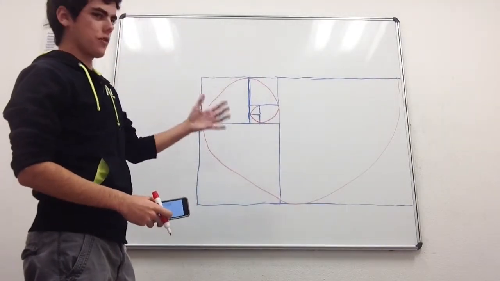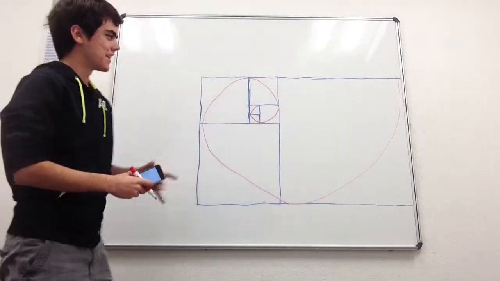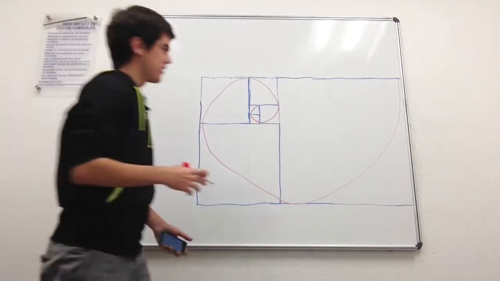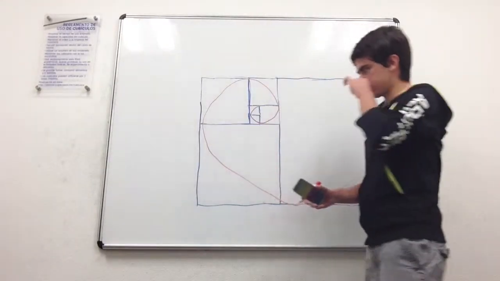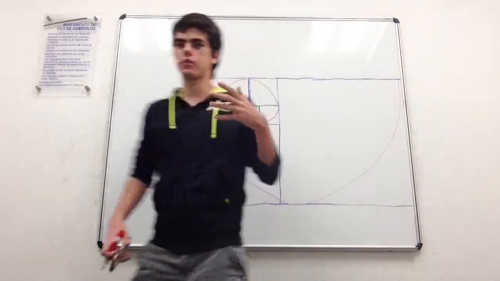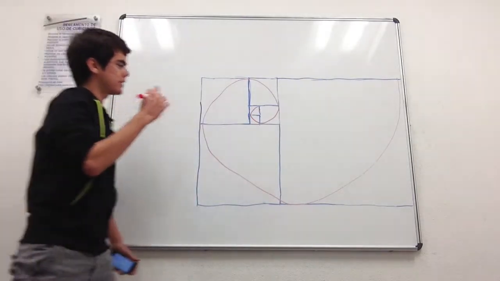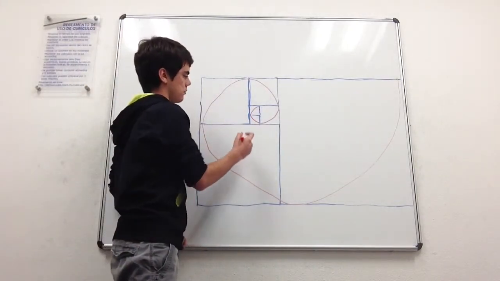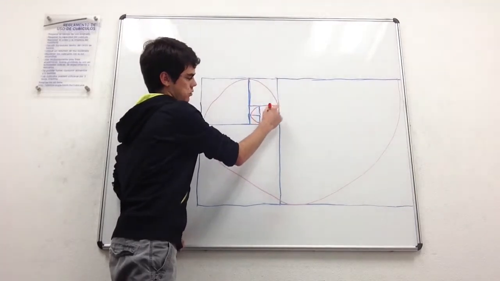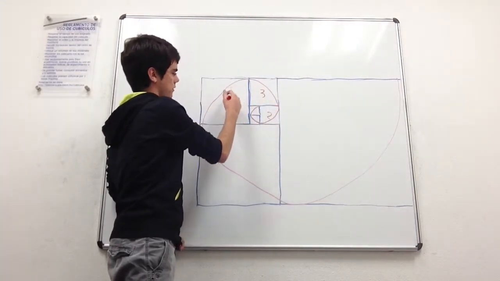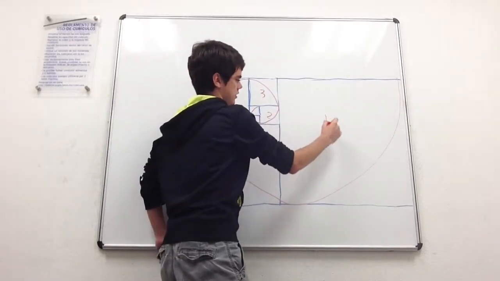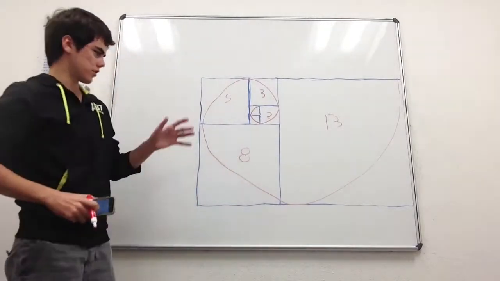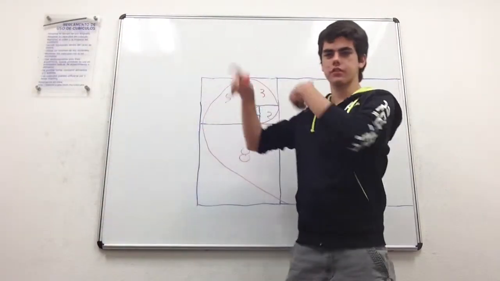This is how we can see the Fibonacci sequences in nature, because we can see this pattern in the golden spiral. It relates to nature because we can see the squares of the Fibonacci numbers: 2 times 2, 3 times 3, 5 times 5, 8 times 8, 13 times 13. So there are the squares, and that is like the sequence we can see in nature.